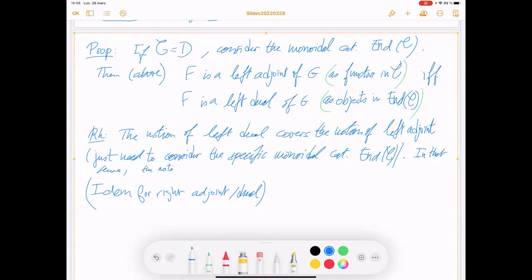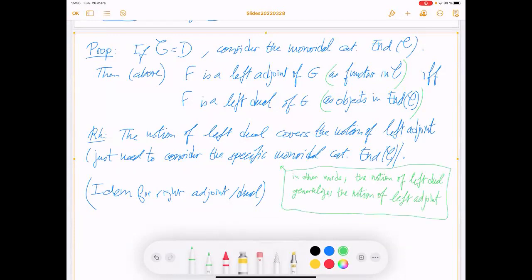In other words, the notion of left dual generalizes the notion of left adjoint.